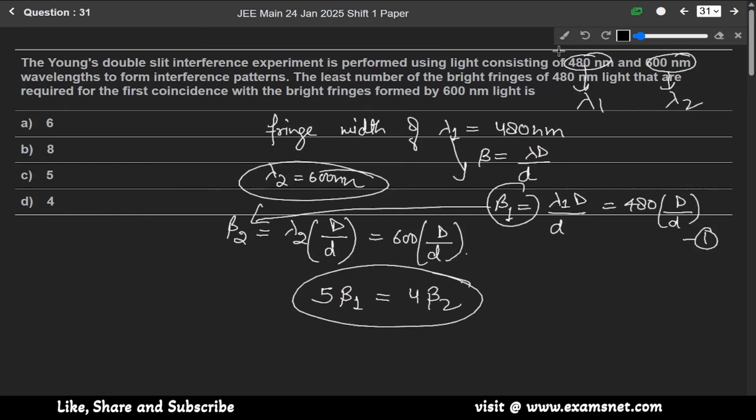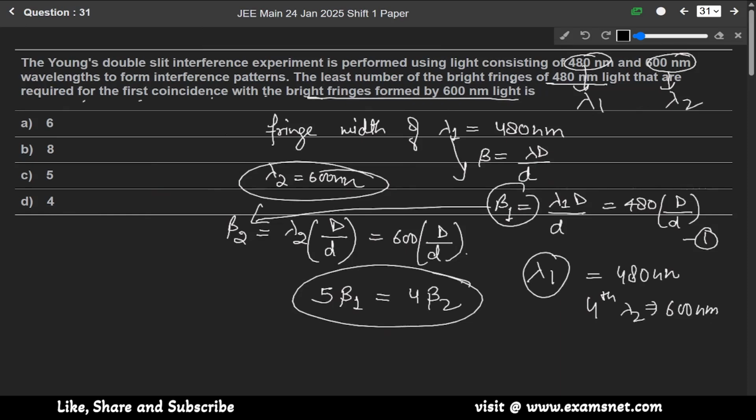It means fifth maxima of lambda 1, 480 nanometer, coincides with fourth maxima of lambda 2, 600 nanometer. So for the least number of bright fringes of 480 nanometer that are required for the first coincidence with the bright fringes, it will be option number C, means 5.